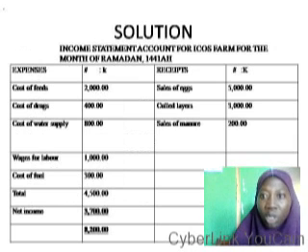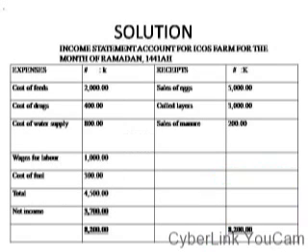Now, the title, as I've said earlier, is the first thing, and that gives us what we call the income statement account for Icos farm for the month of Ramadan 1441 AH. So we have on that table the 2 column sides, the expenses side as well as the receipt side.